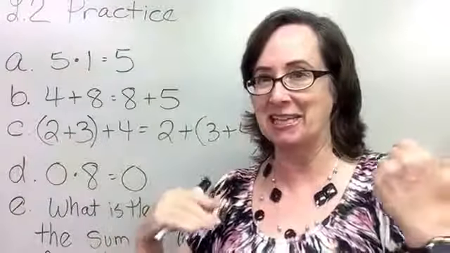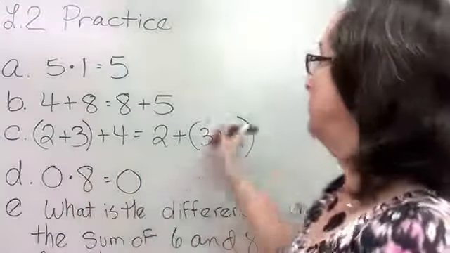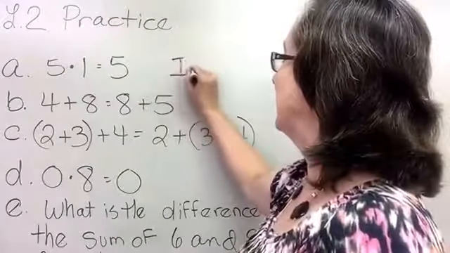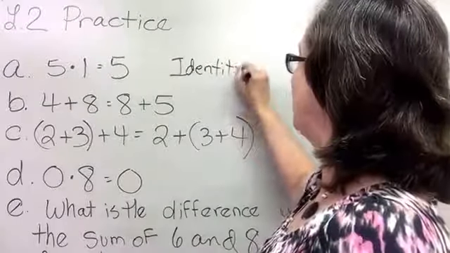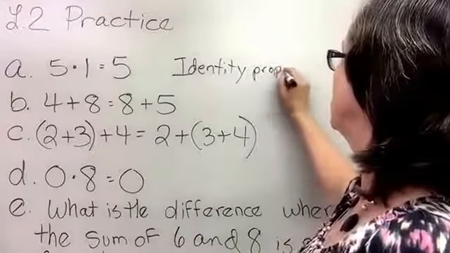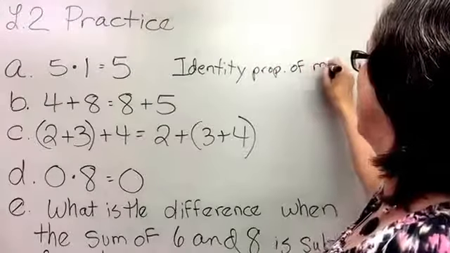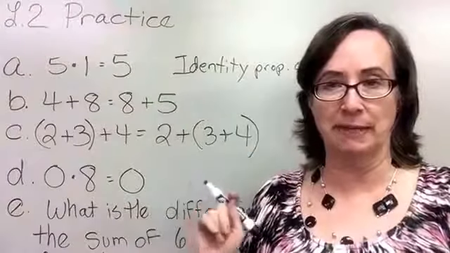He hasn't changed his identity. All right, so this is the identity property of multiplication.